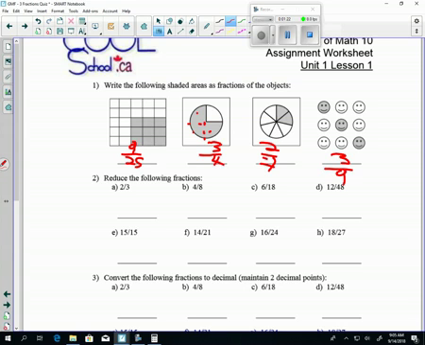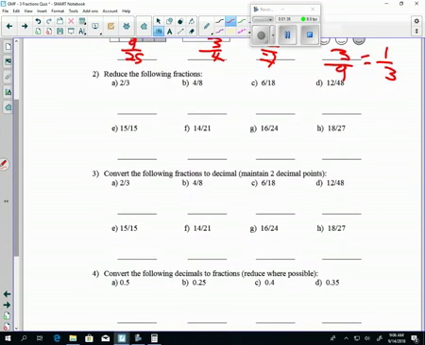However, this fraction is not simplified yet, so we have to reduce that. The point is, whenever you work with fractions, always bring them to their most simplest form. Reducing fractions, we can't reduce that any further, so we leave it the way it is. But 4 over 8, of course we can divide both top and bottom.